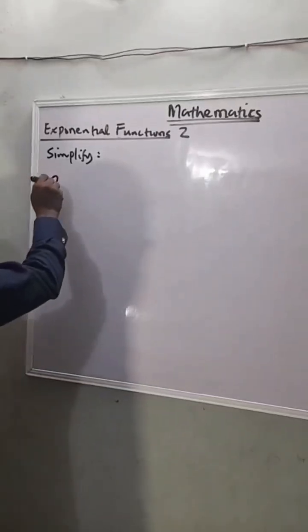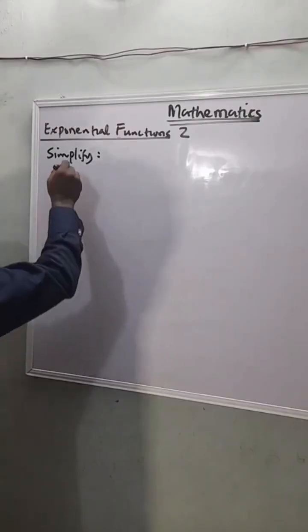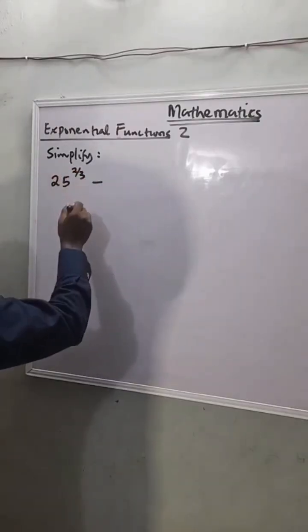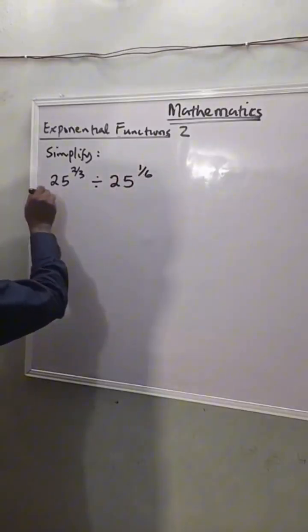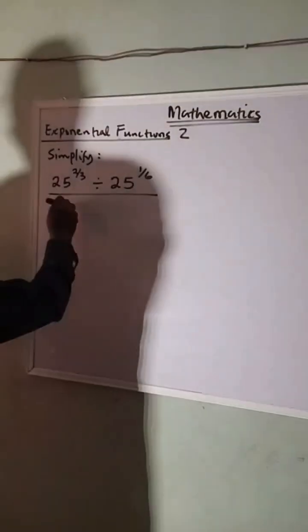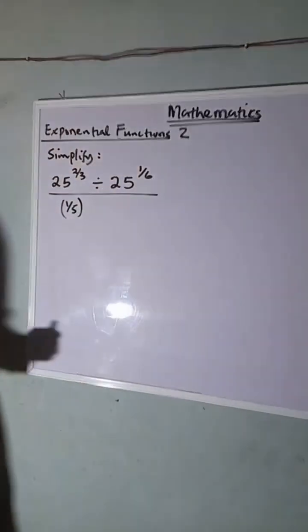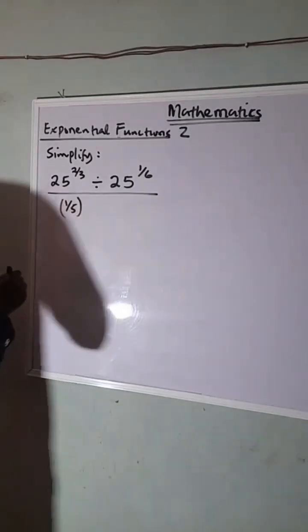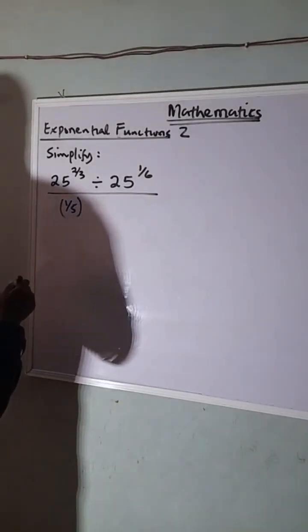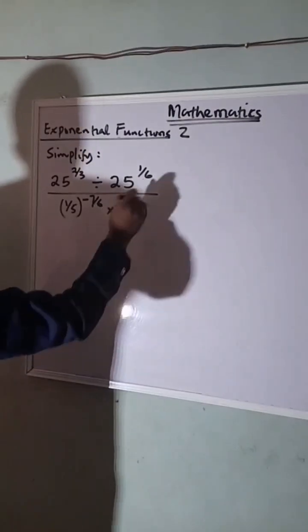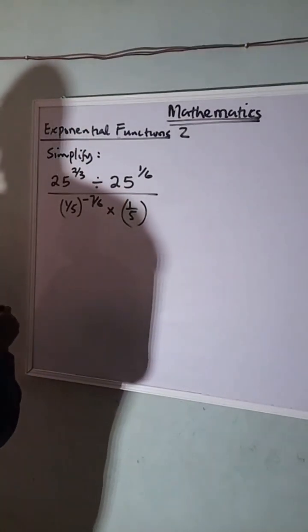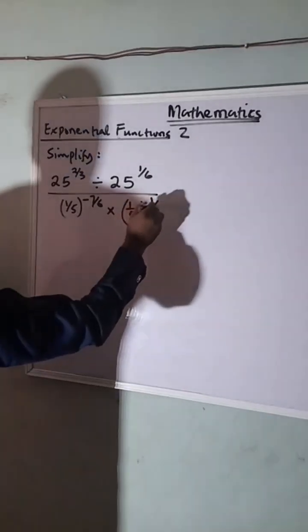Simplify: 25 raised to the power of 2 over 3, divided by 25 raised to the power of 1 over 6, all over (1 over 5) raised to the power of minus 7 over 6, times (1 over 5) raised to the power of 1 over 6.